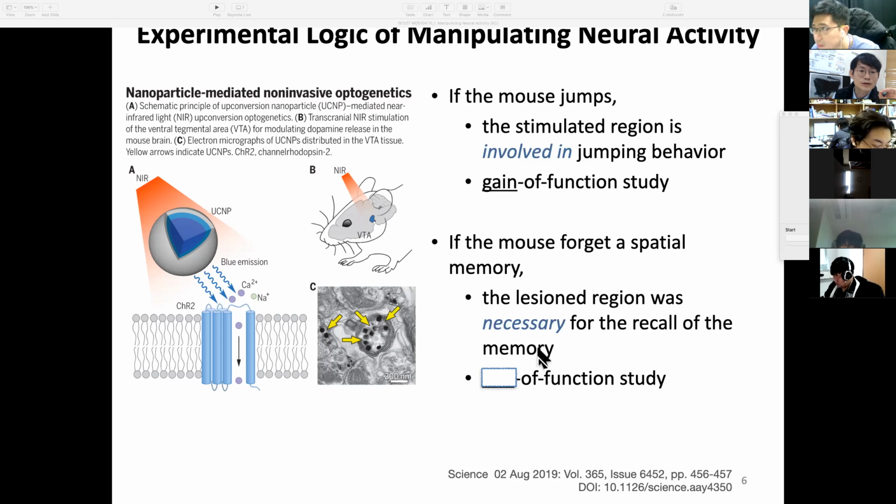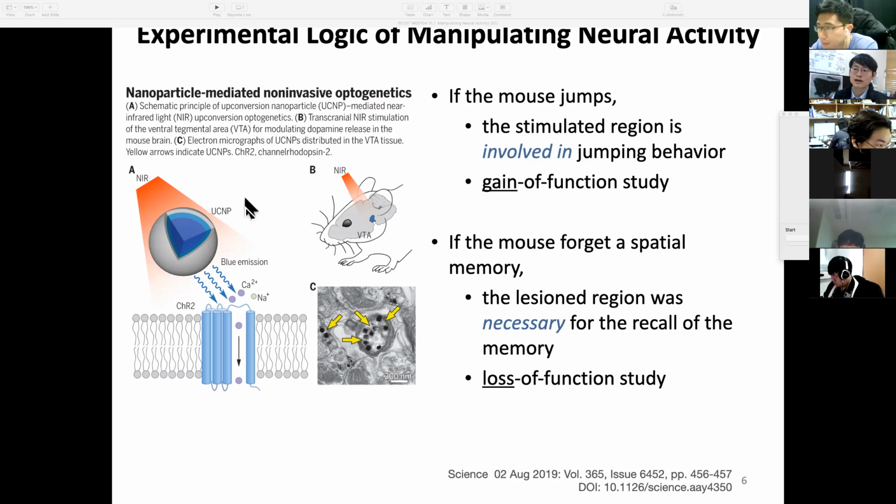So let's see, Hanjinu, can you guess what kind of study this is? Yes, exactly. By losing that function, you find out the necessity, and by stimulating, you find the sufficiency of a certain behavior. So this is the basic logic of why manipulating neural activities is so important and crucial.